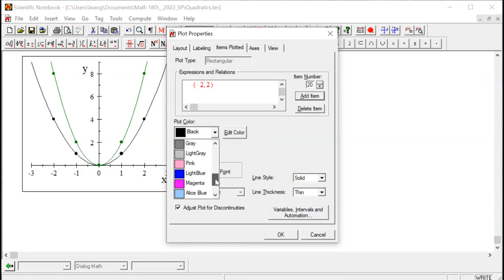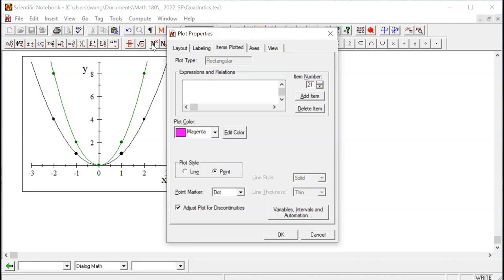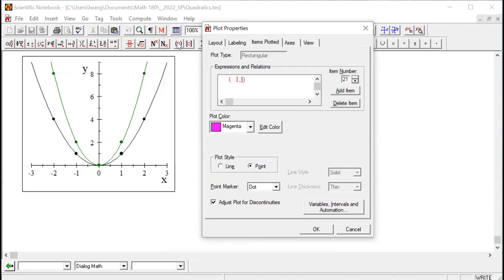Let's see what color do we want. How about we use purple, right? And for input -1, the output is half, right? It's halved. And 0, 0 stays the same. And for 1, the output is half. Okay. For 2, the output is 2.